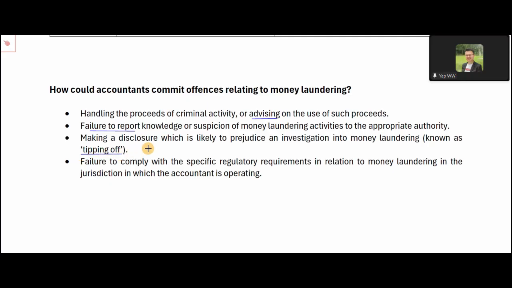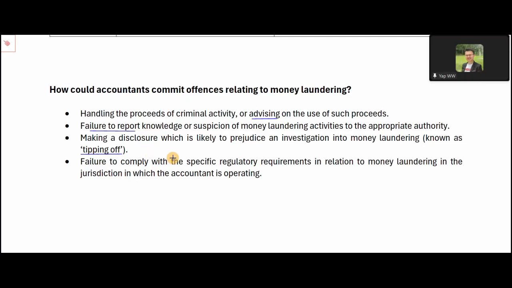Like the accountant already knows that the client is now suspected of money laundering, he goes and informs the client, hey, you are under investigation. Then the client immediately goes and destroys the evidence. That will affect the investigation. And whoever tips off the client will be committing a criminal offense. Yeah, can go to jail as well.